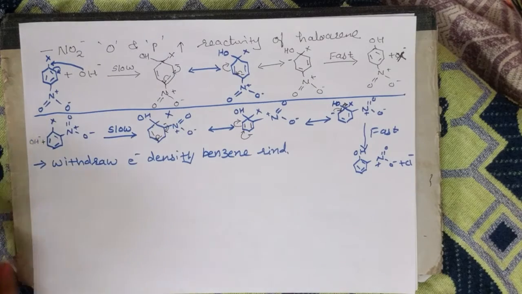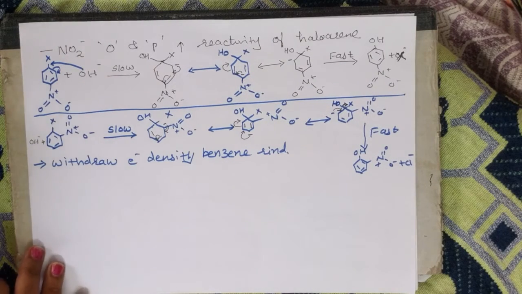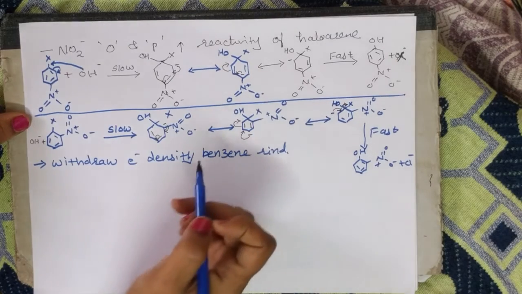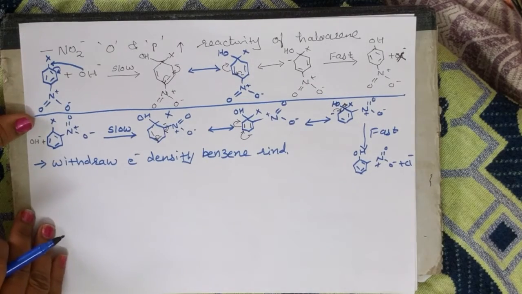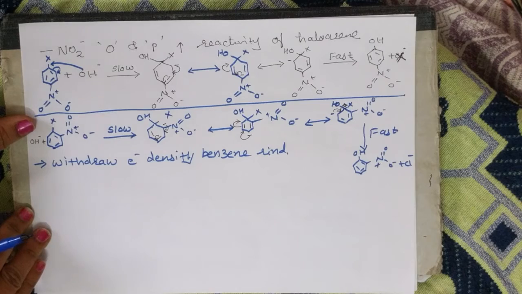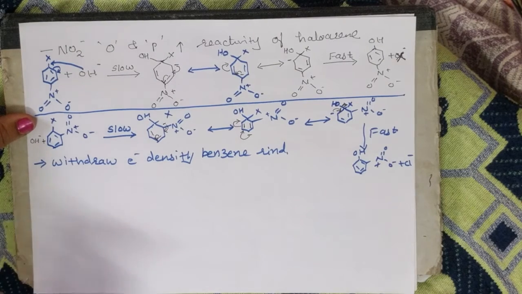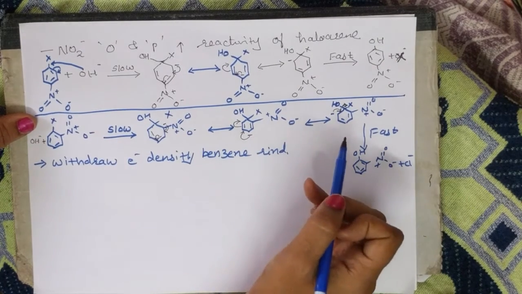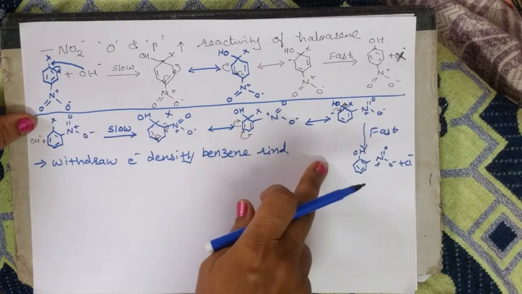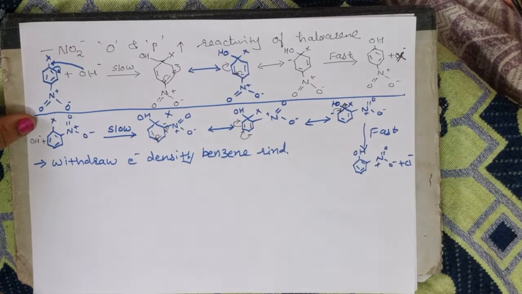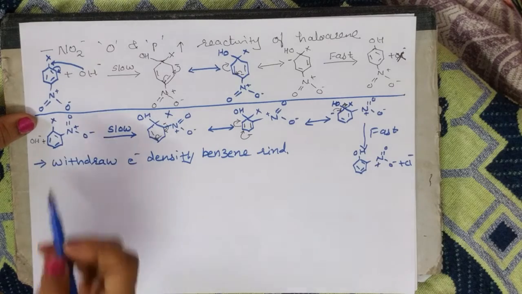And so, with the attack of the nucleophile on the haloarene, the carbanion is formed and it is stabilized through resonance. This carbanion is stabilized due to resonance, and the negative charge appears on the ortho and para positions.